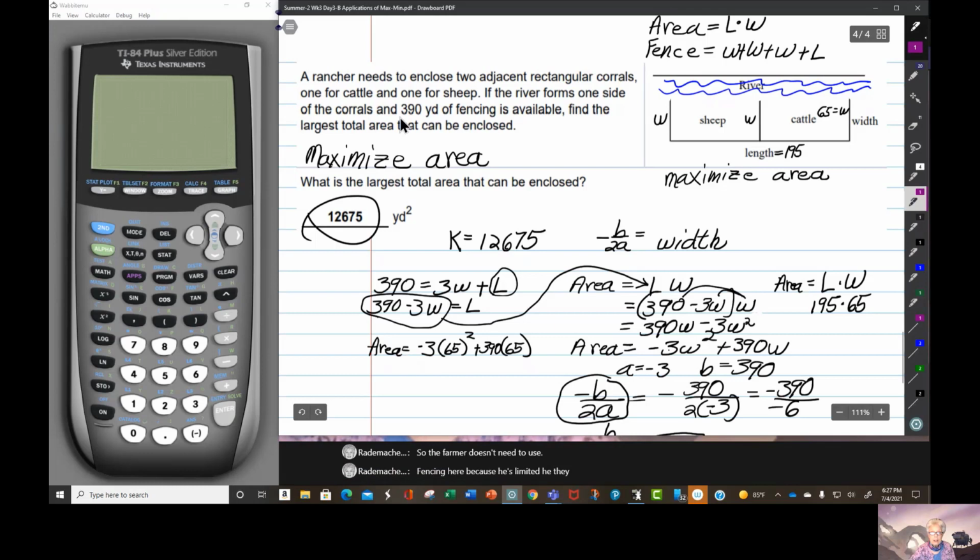They are limited to 390 yards, not 391, 390 yards. So we're going to have a width, a width, a width, and a length. But we don't have to worry about this other length because there's going to be water there.